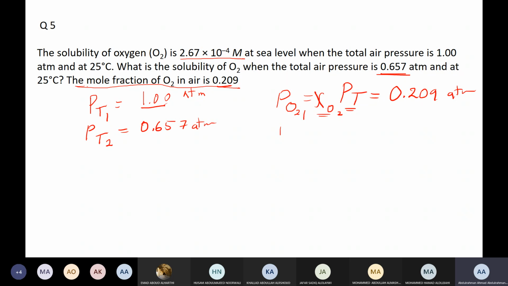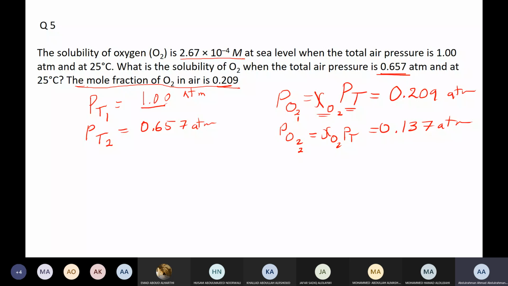Then what's PO2 down below, not above? What should I do? 0.137. Fantastic. I believe you.